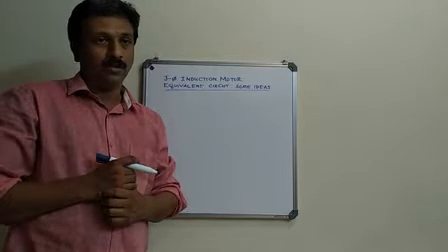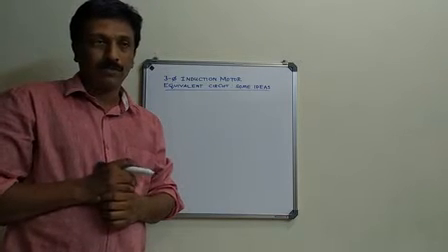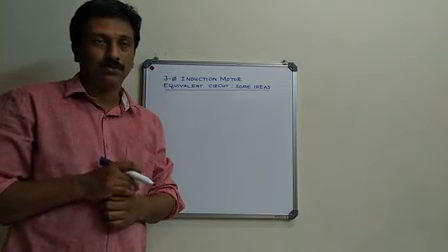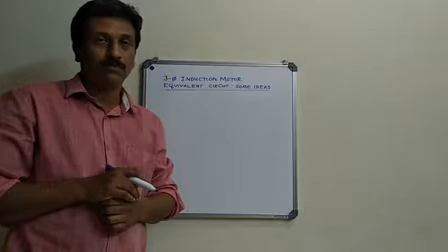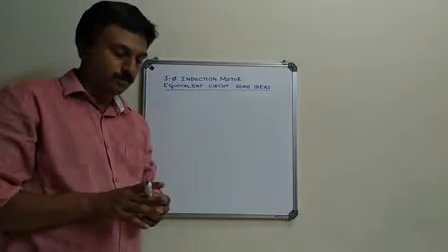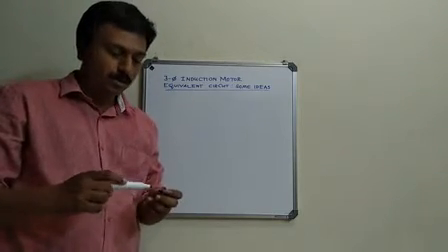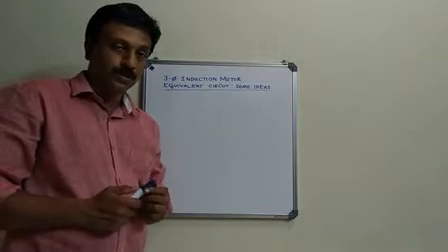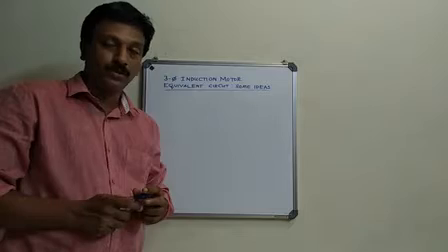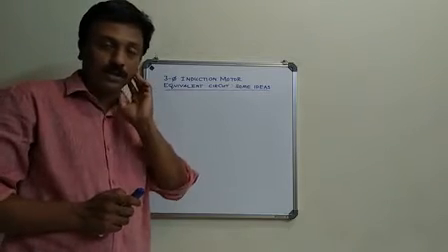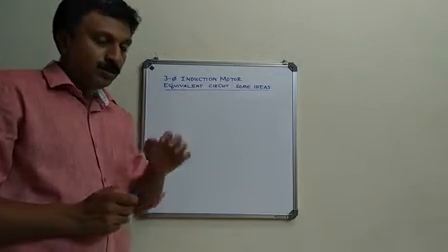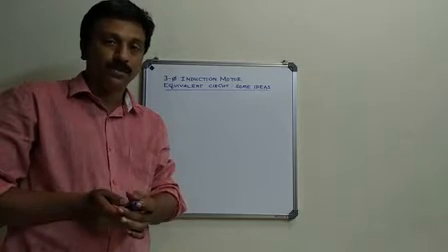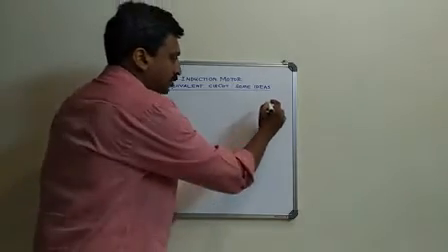Now, as per Lenz's law, when there is a flux change, the eventual effect will be to nullify it. So in that process, the rotor tries to attain the speed of the magnetic field, which is the real cause of production of EMF in the rotor conductors. That speed is called the synchronous speed.